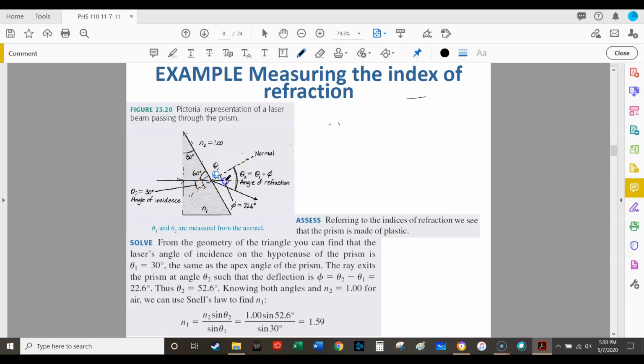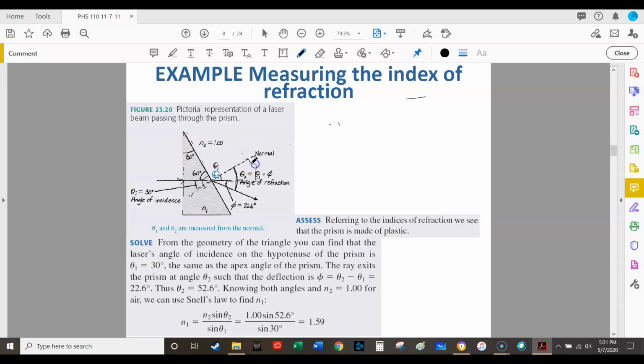Well, if you look at this normal, which is perpendicular to the surface, it actually makes a concentric triangle right here. And this will be 90 degrees. So this angle right here is this triangle just kind of flipped.